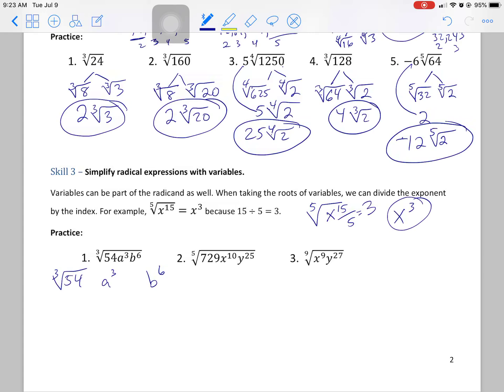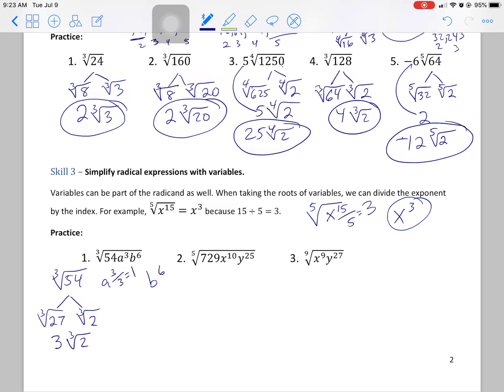So is 54 a perfect cube? It is not on the list. So what's a factor pair of 54 that has a perfect cube in it? I always try the 27. 27 times 2 is 54. 27 is the perfect cube of 3. So just that is that part.